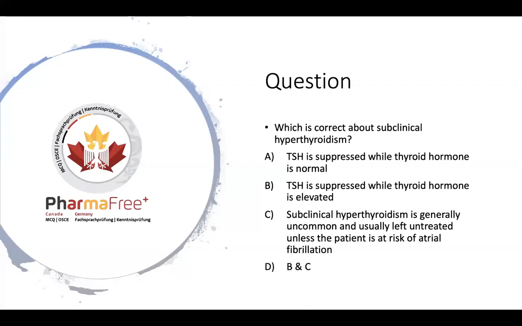If you have hypothyroidism, this means that you have high TSH. If you have hyperthyroidism, it means that you have low TSH. That's it. So the right answer here is A, guys. It's not B, it's not C, nor D.